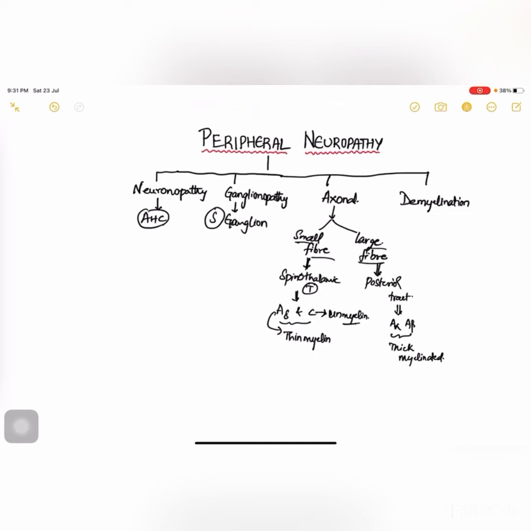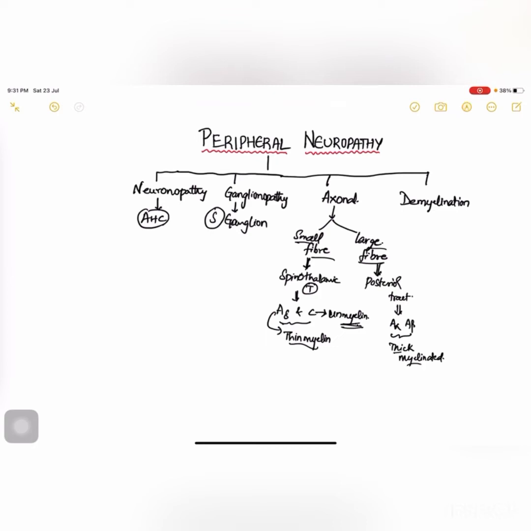Under small fiber neuropathies, we have spinothalamic tract involvement, which contains A delta and C fibers. C fibers are unmyelinated and A delta fibers are thin myelinated fibers. Large fiber neuropathies involve the posterior column, which contains A alpha and A beta fibers, which are thick myelinated fibers.